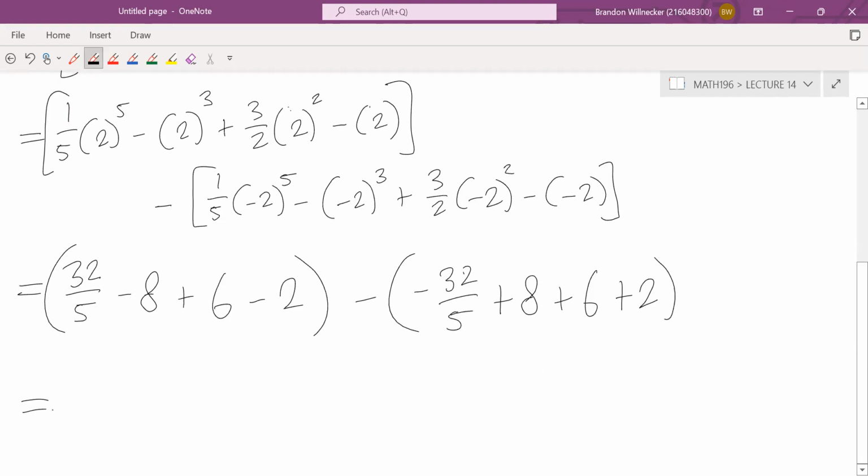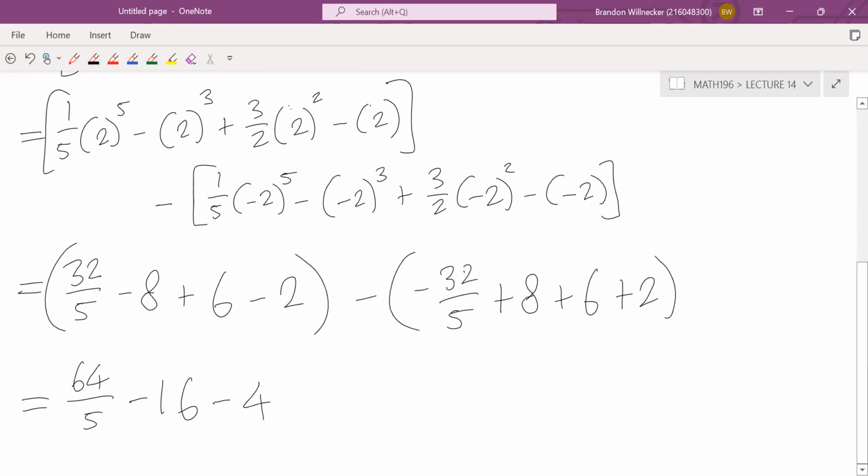Okay, so this is going to give us 32 over 5 plus 32 over 5. So that's 64 over 5. And then minus 8 minus 8, so that's minus 16. Plus 6 minus 6, that's going to give us 0. And then minus 2 minus 2, that's going to be minus 4.